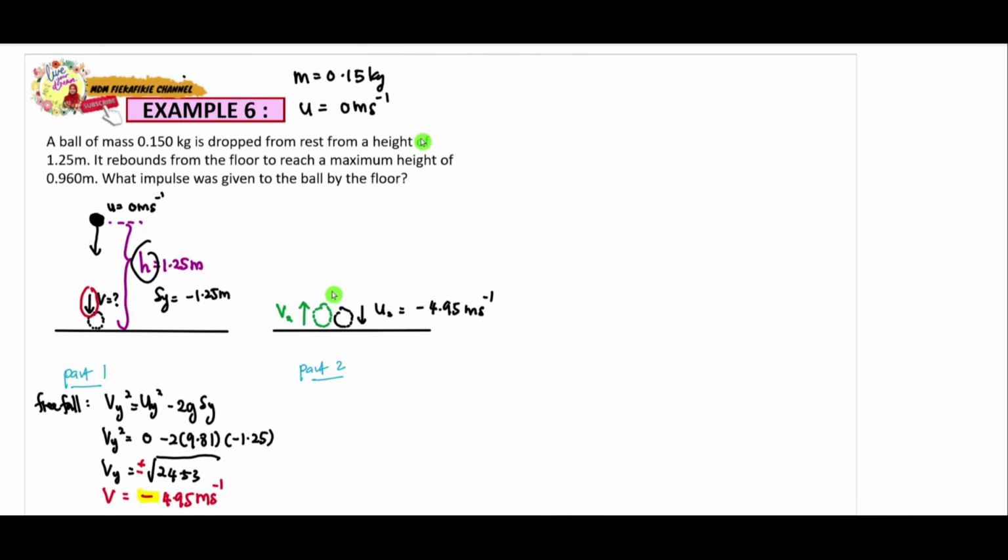Alright, so kita nak cari impulse. What is impulse given to the ball by the floor? So kita nak guna equation apa untuk cari impulse? Jadi untuk cari impulse, kita nak guna formula the change of momentum. Okay, tengok sini, so J equal to mv minus mu. So now V here is the velocity after collision, and this is velocity before collision.